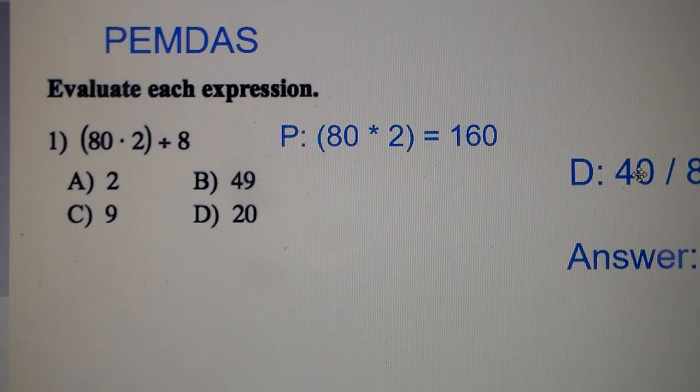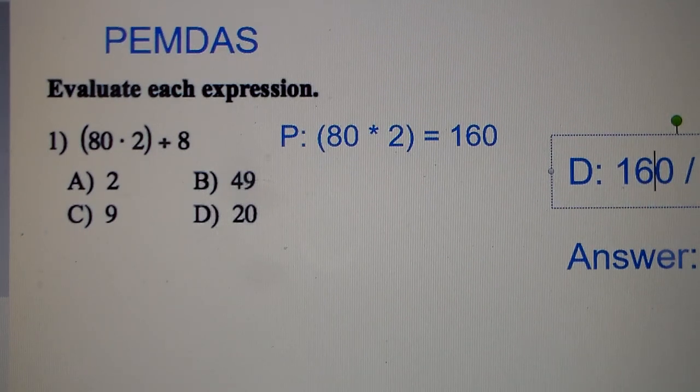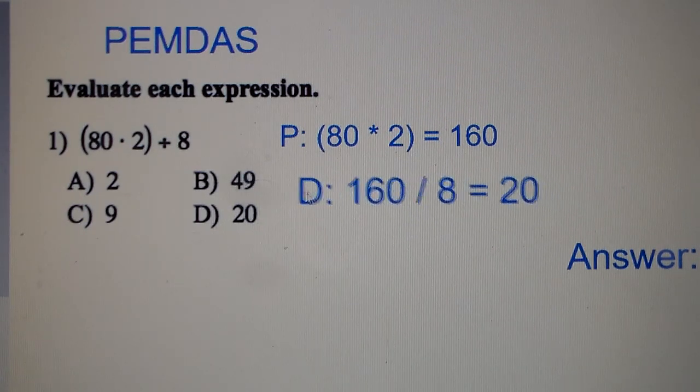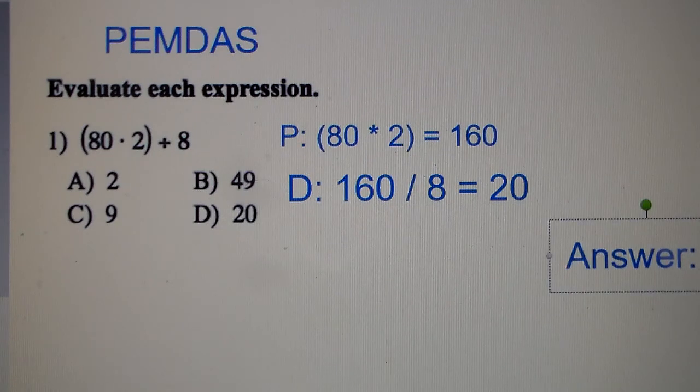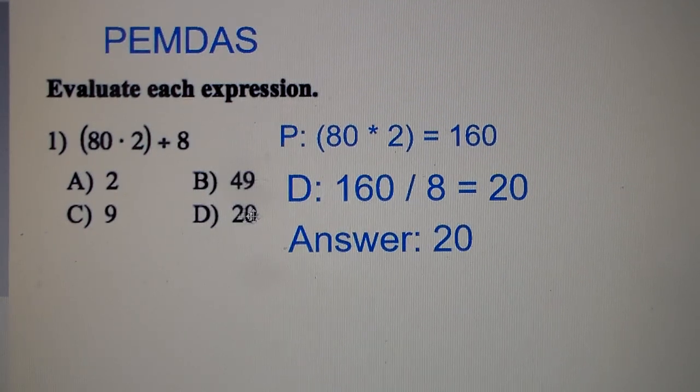Then we got to do 160 divided by 8. And 160 divided by 8 is going to get us 20. So our answer is going to be 20 for this problem. So B1 will be D.